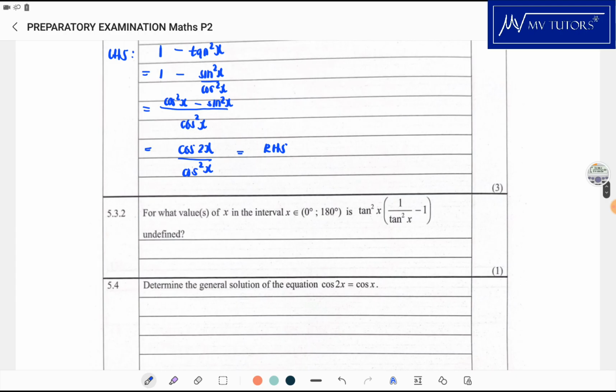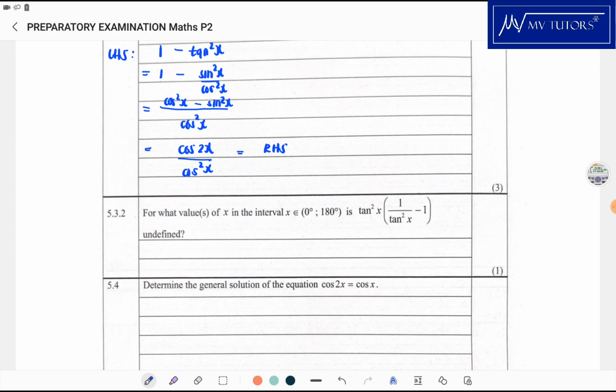Now it says find, for what values of x in that interval is tan squared x undefined. Okay, so if it's going to be undefined, you're going to look at the denominator. But in this case, because we have proved that this is equal to the right-hand side, you can look at the denominator, which is cos squared x, and it's only 1 mark, by the way, but anyway.